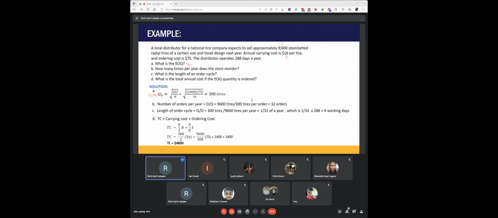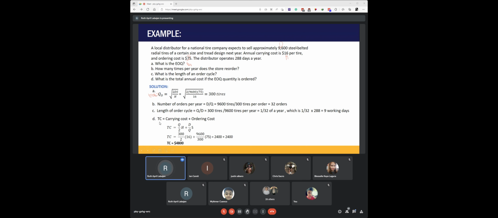Pero because lisod man kayo siya i-quantify, let's multiply that by 288. So 1 over 32 times 288, that gives you 9 working days. So meaning to say, every 9 working days, you need to order 300 tires. That's the time between orders or the length of order cycle.